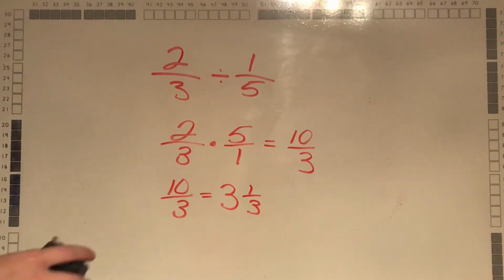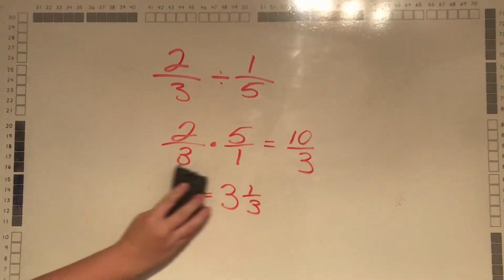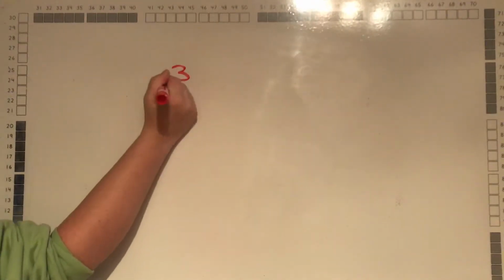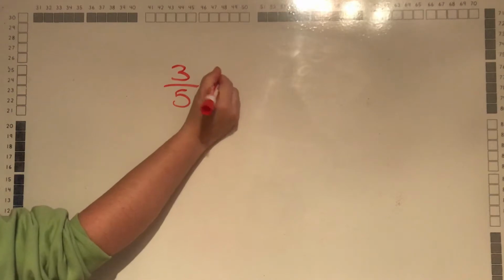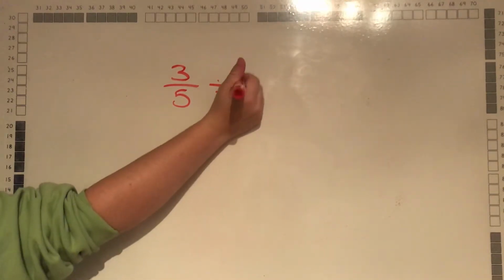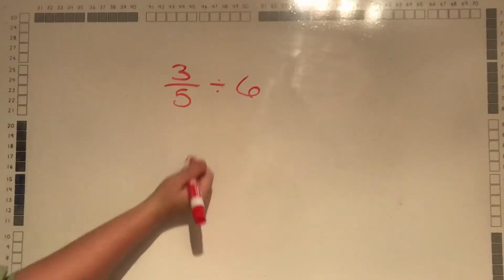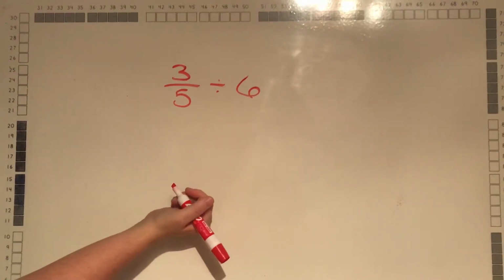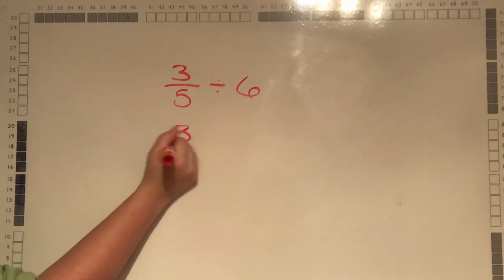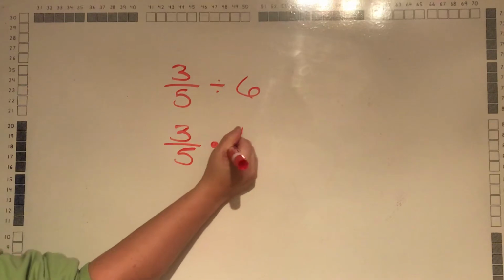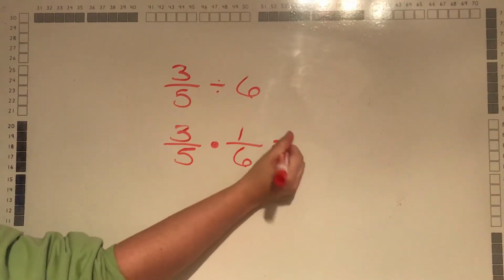So let's try another problem. Example 1b gives us 3/5 divided by 6. Remember, we take our divisor and we find its reciprocal. So that's 3/5 multiplied by 1/6.